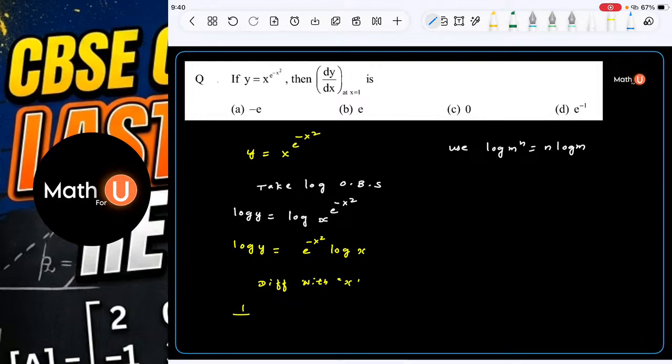Log y differentiation is 1 by y, and since y is a dependent variable, you write dy by dx. On the right side, it is in terms of x and also in terms of x, then apply the product rule, the uv rule.